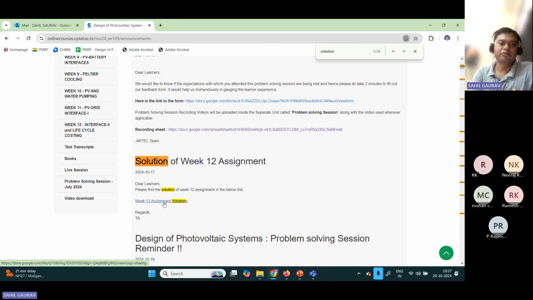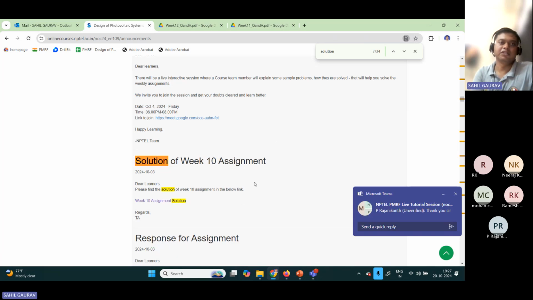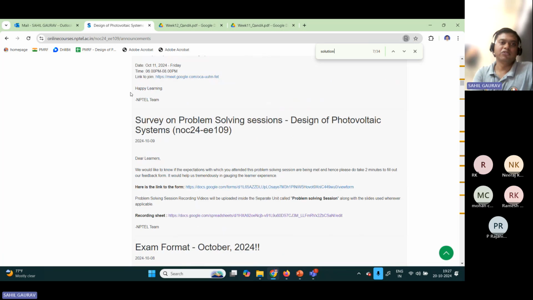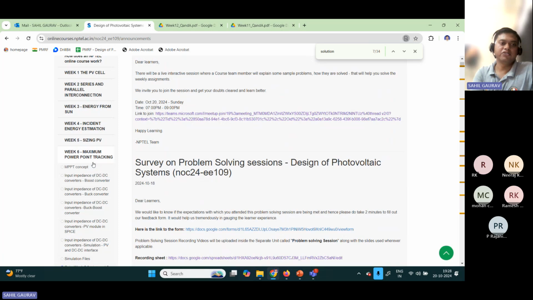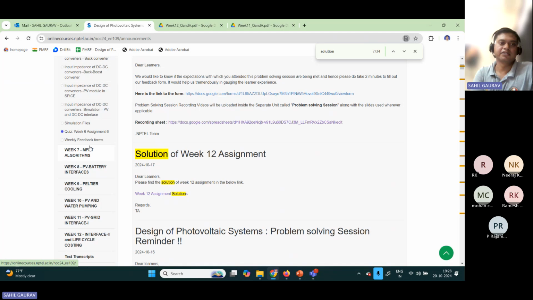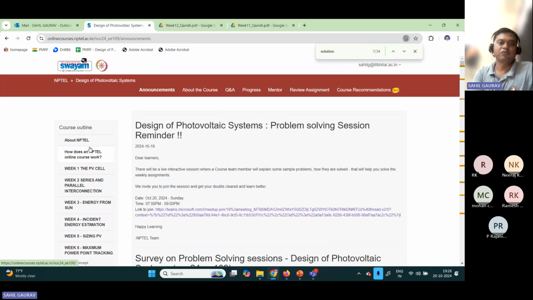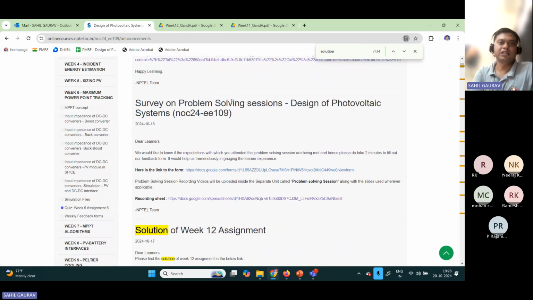So this one is for week 12, and again you go further. Then this is for week 11. Again you go further. So you go to week 10. You will not get it in this left hand side tab. Earlier they used to give here also, but nowadays they are not providing this part. So you have to go to assignment and search this solution, all the solutions, and they have given through the link.